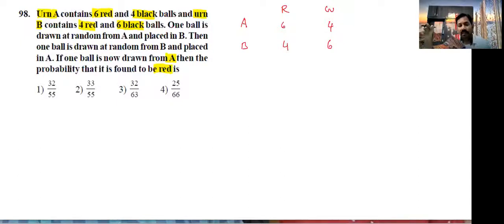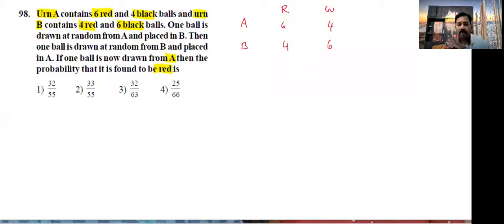Again, draw the ball, see the color, write the probability and again place it in A. Then finally, again draw the ball in urn A. What is the probability of getting a red color ball? So here we want to draw 3 times. First A bag, placed in B. Again we want to select B bag, placed in A. Again we want to select a red color ball. So the final stage is red color only.